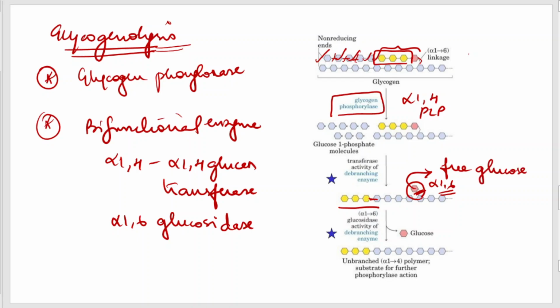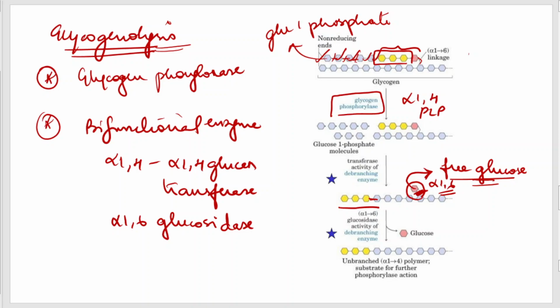So how are the other glucose residues removed? The other glucose residues from the glycogen phosphorylase activity are removed as glucose 1-phosphate, but after the alpha 1,6 glucosidase activity at the branch point, that one glucose residue alone is removed as free glucose.